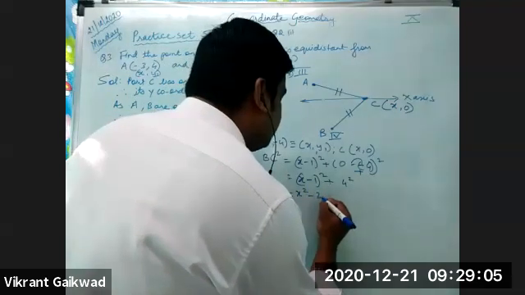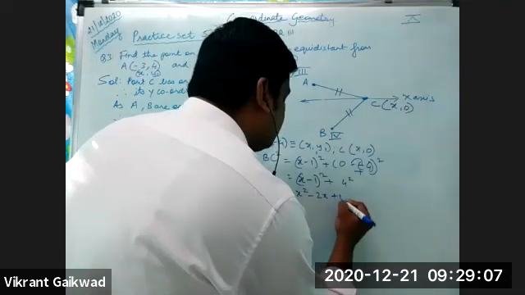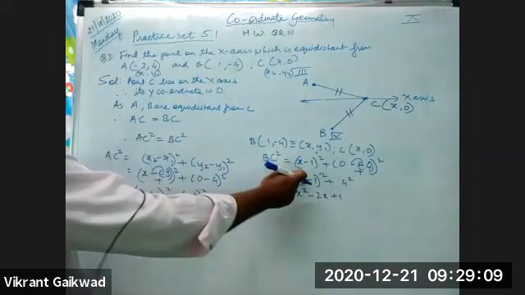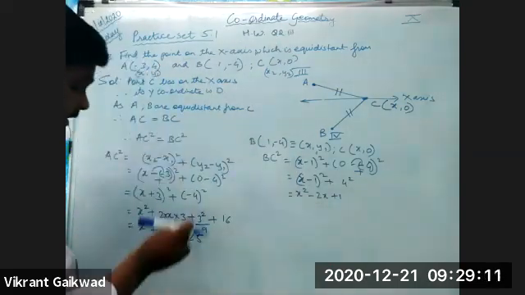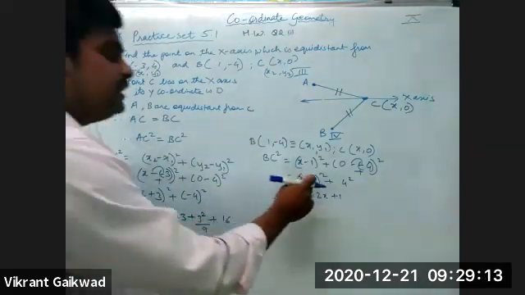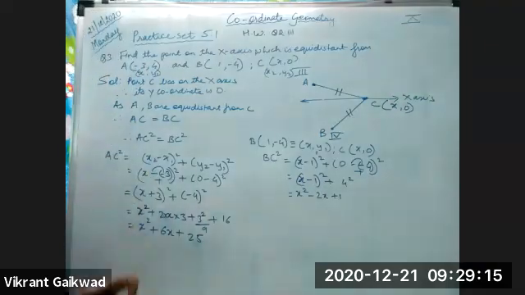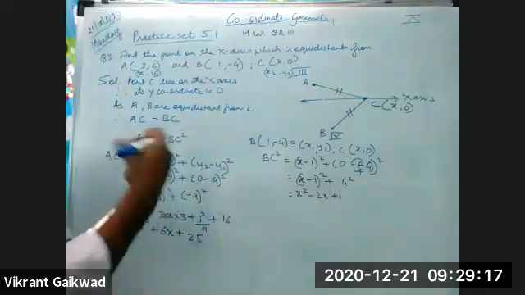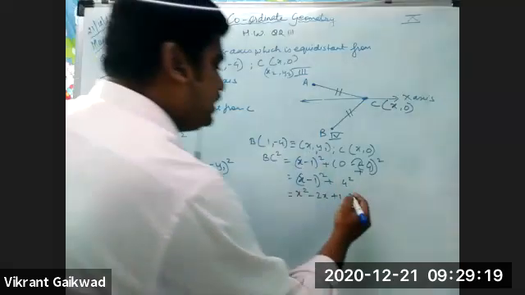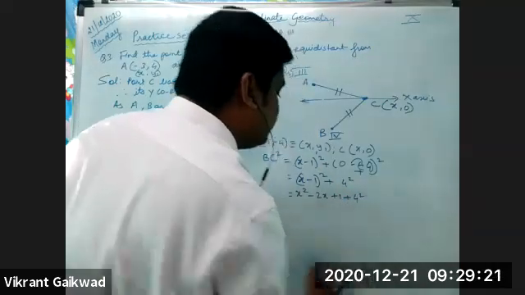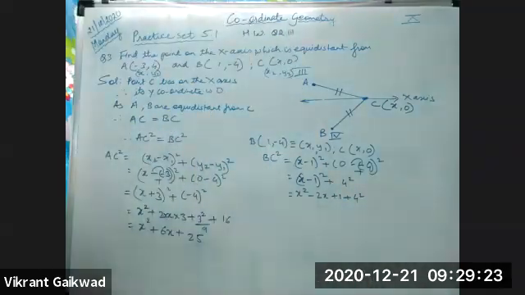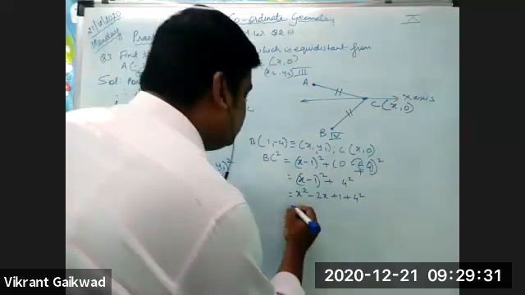x square minus 2x plus 1. See, a square. Now here it was plus 2ab, here the middle sign is minus. So minus 2ab. So minus 2 into x into 1, plus 1 square, plus 4 square. Is this clear? So now we'll solve this.